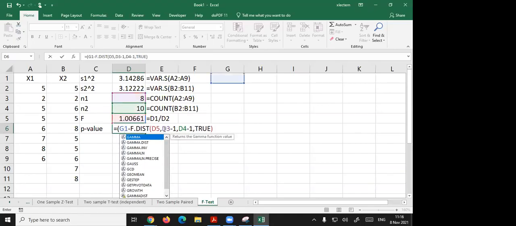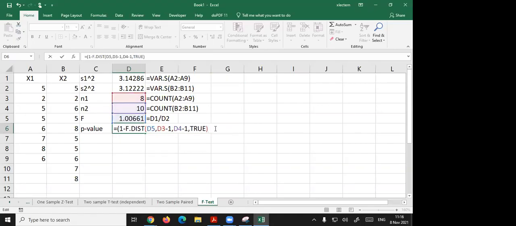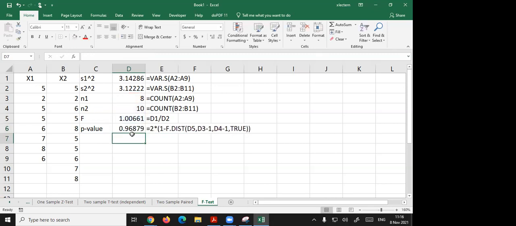So you have 1 minus this and times 2. Okay, so the p-value is 0.96. Okay, and this is the value you want.